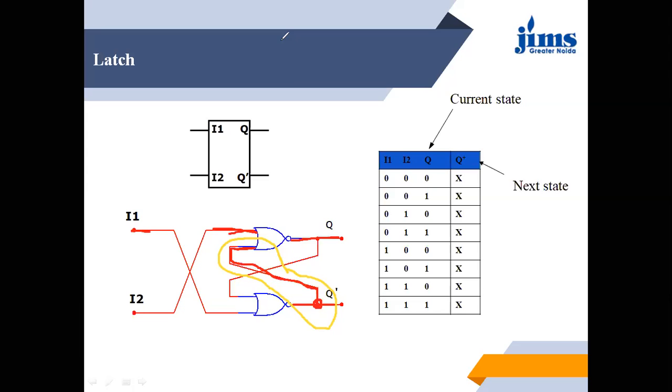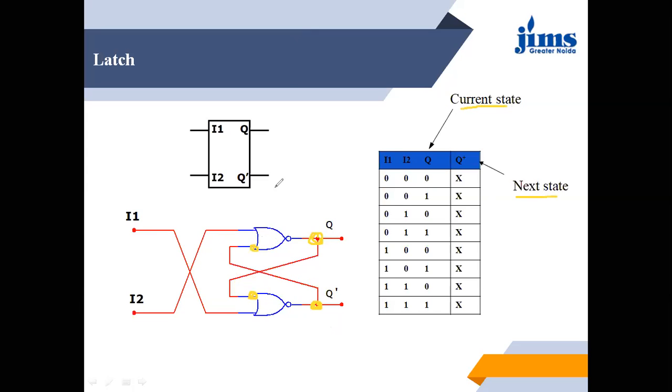So here we are using this output for the next input, and over here also you can see that the output of this gate we are using as the input for this gate for the next stage. Suppose this is the current state, this is the next state.